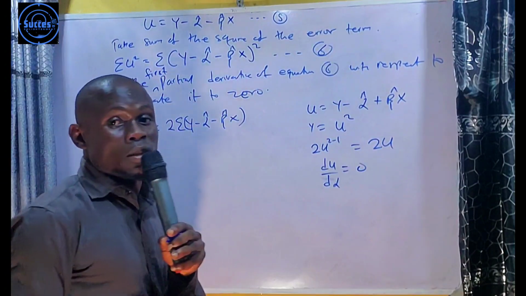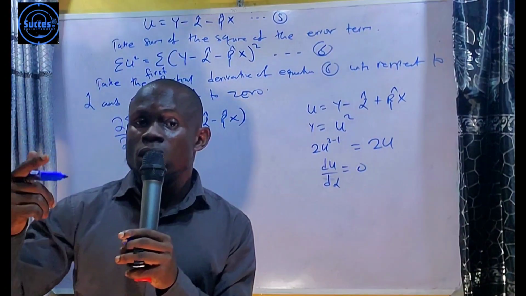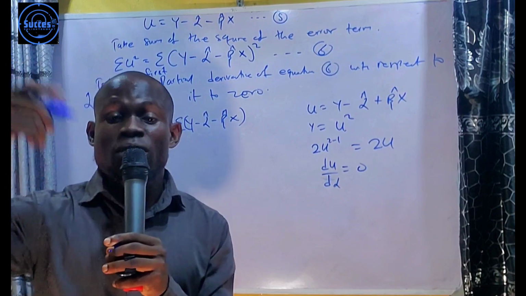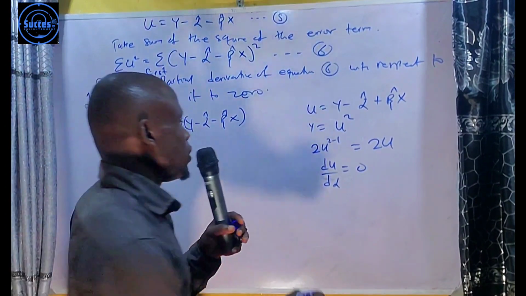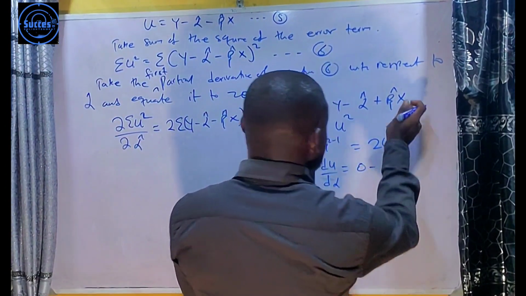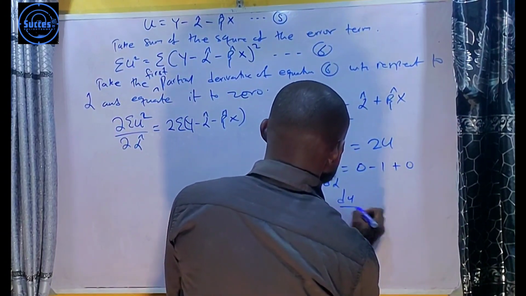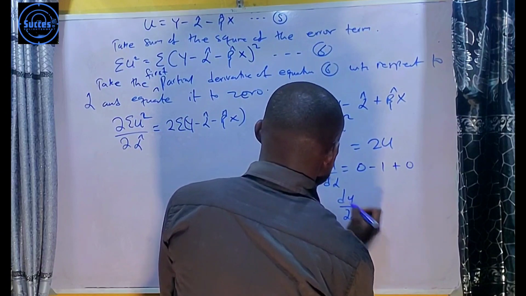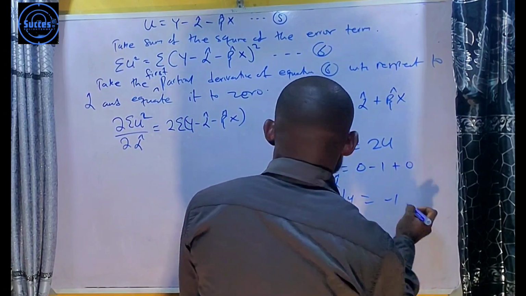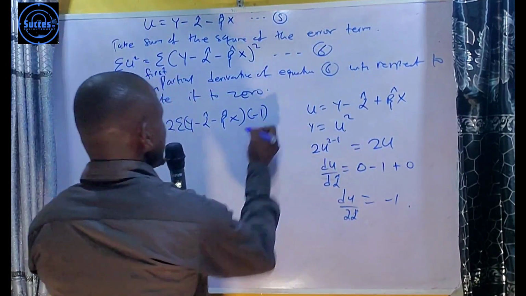Here you have alpha raised to power 1, so the derivative of alpha raised to power 1 is 1, and with the minus sign this will be minus 1. Here there's no alpha, so this is also a constant, which is 0. So du/d alpha cap equals minus 1. So you have minus 1 here.